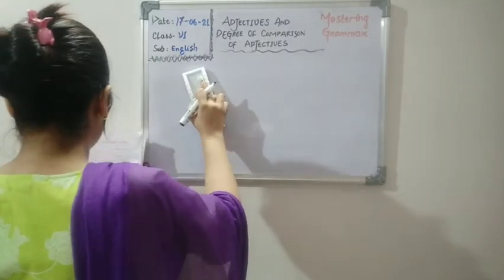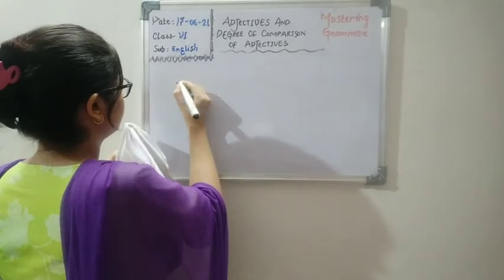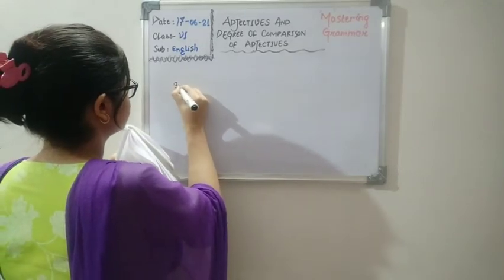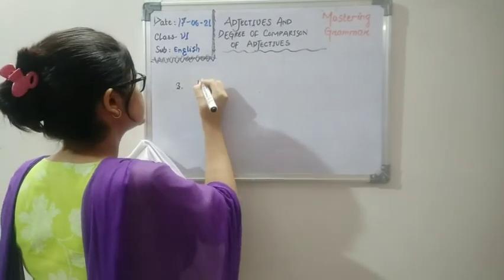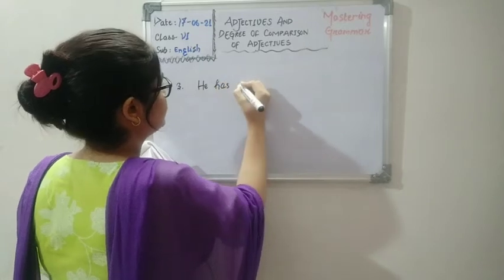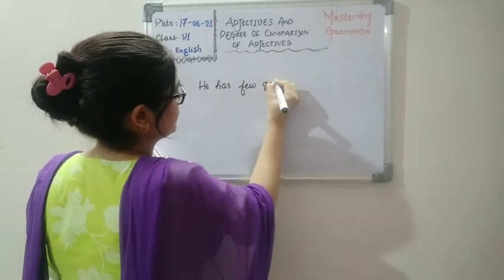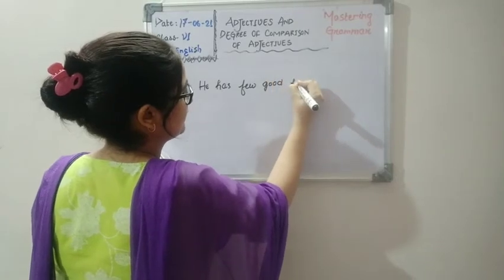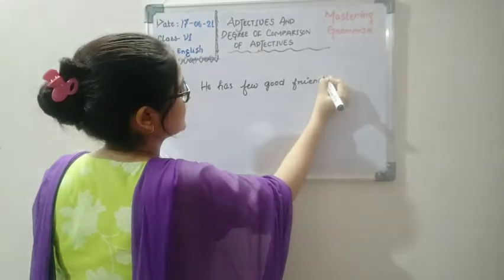The first example for it, now this one is the third sentence for today. He has few good friends.